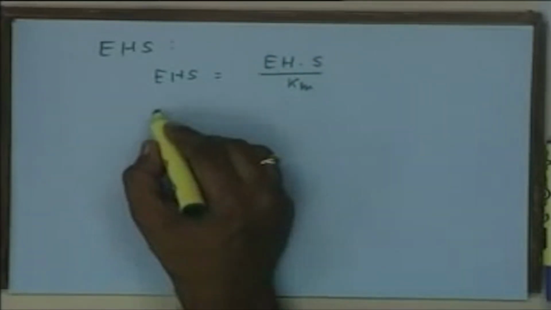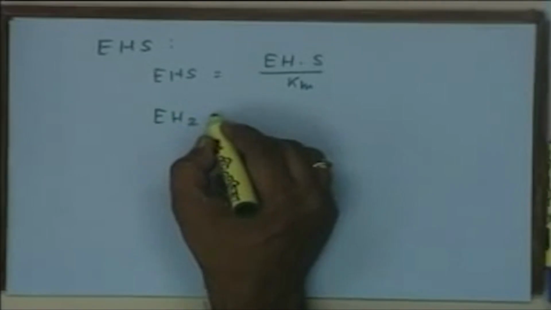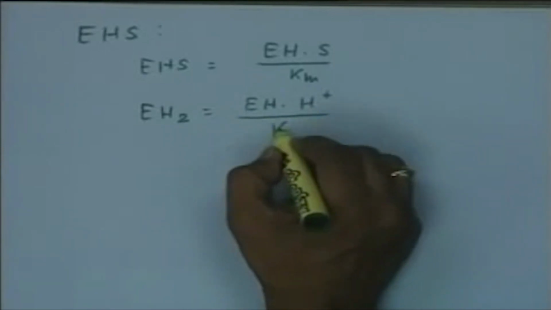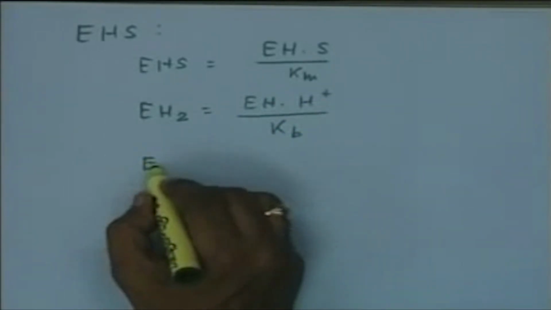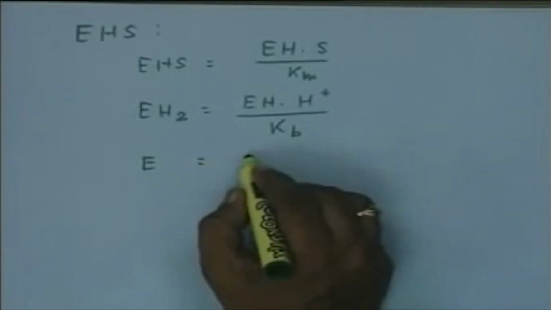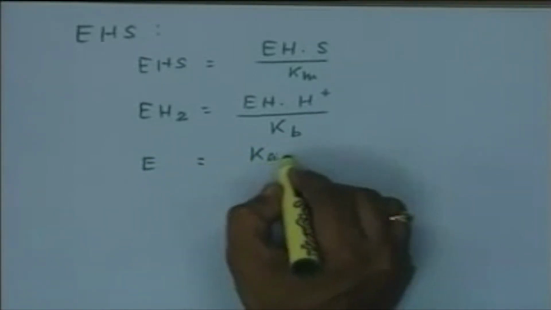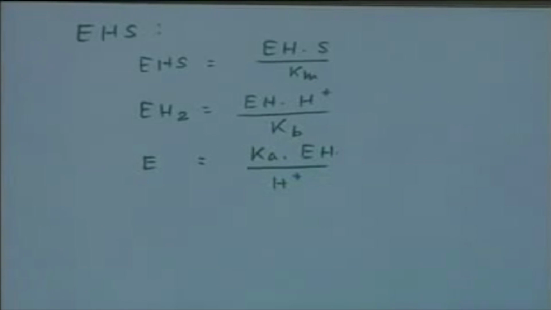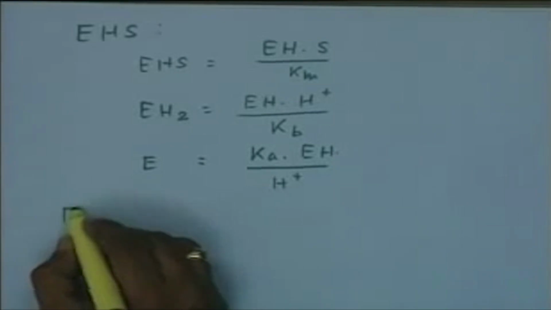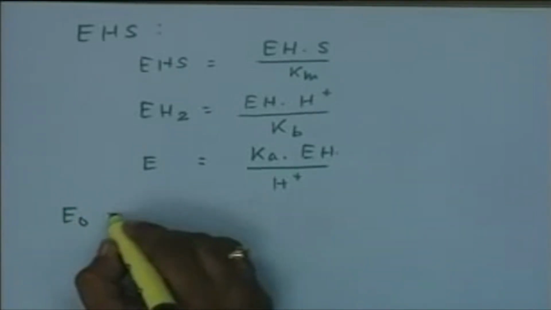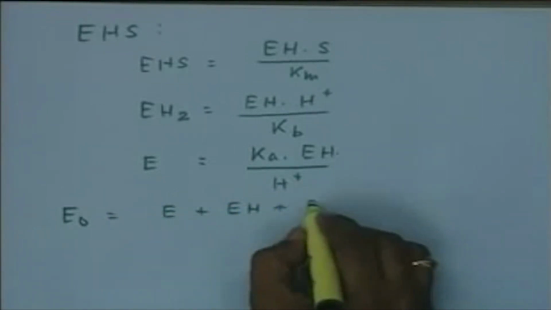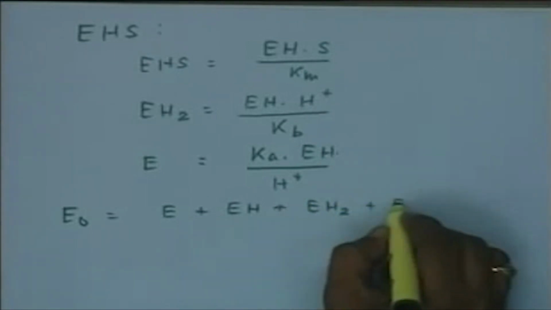Then similarly, EH2 will be your EH into H plus upon Kb, and E will be your Ka into EH upon H, just based on the equilibrium dissociation of the three species. And of course, our total enzyme concentration E naught will be equal to free enzyme plus EH plus EH2 plus EHS.